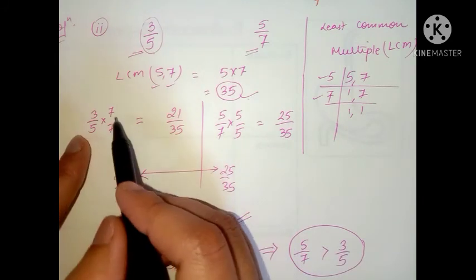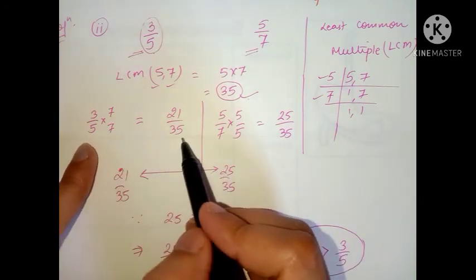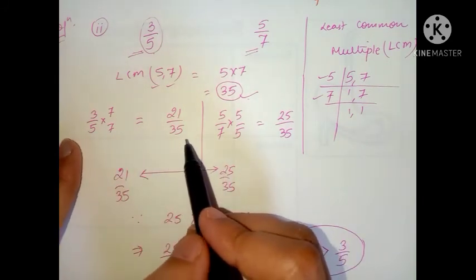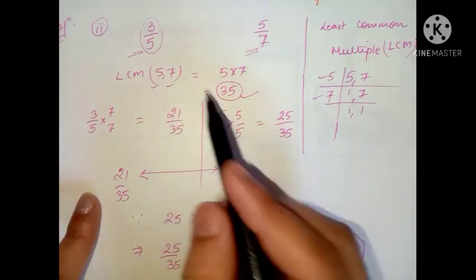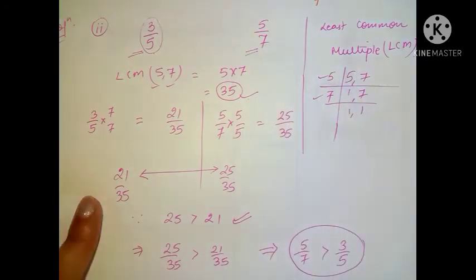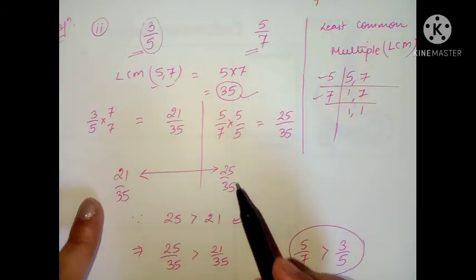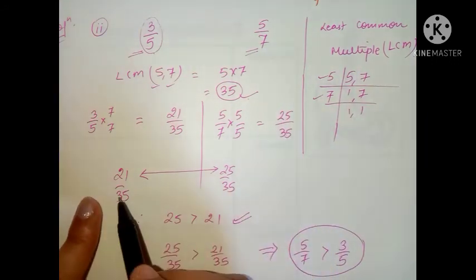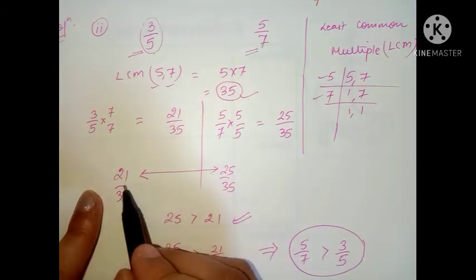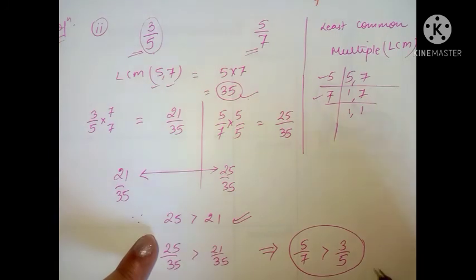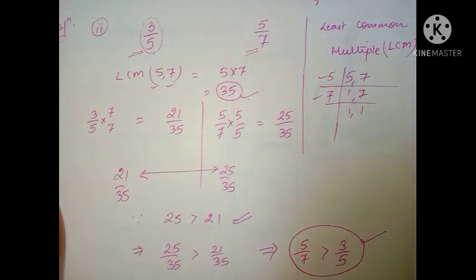As we have done this to make the denominators equal, we get 21 upon 35 and 25 upon 35 from the corresponding numbers. So we have observed that yes, 25 upon 35 is greater than 21 over 35 because 25 is greater than 21. So we have reached our answer that 5 upon 7 is greater than 3 upon 5. So this is how the comparison of rational numbers is done.